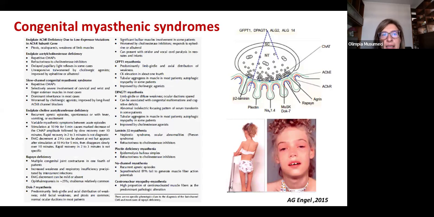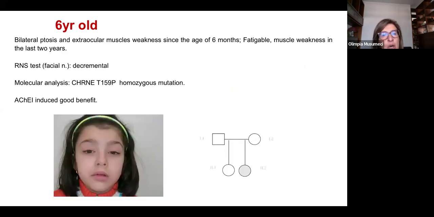Also, congenital myasthenic syndromes, as we know, are very rare and very heterogeneous, and now I can show a few patients with this condition. This is a 6-year-old patient with bilateral ptosis and extraocular muscle weakness since she was 6 months old. Neurophysiology testing showed a decremental response, and molecular diagnosis was able to identify a variant in the CHRNE gene.